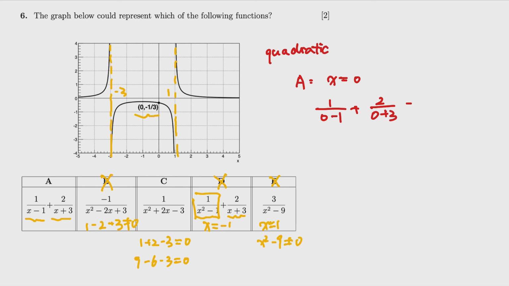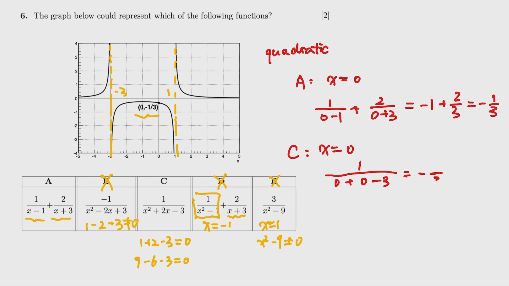So that is minus 1 plus 2 thirds, which is minus a third. In option C, when we put x equals 0 into the function, it equals 1 over 0 plus 0 minus 3. So that will give minus 1 third. So, what do we do now? We can't really tell which answer is correct from the point given by the question.